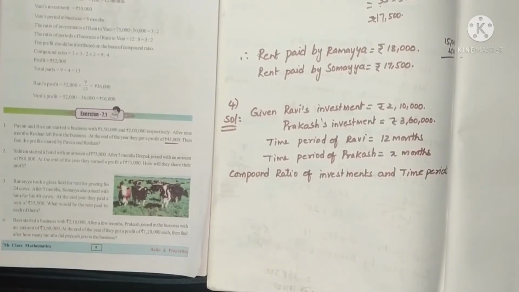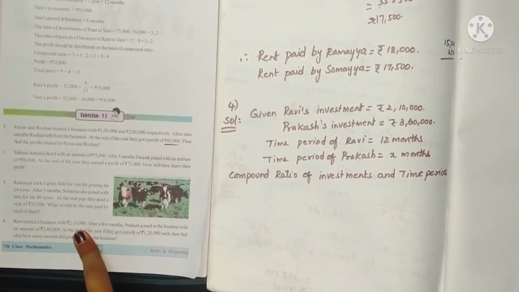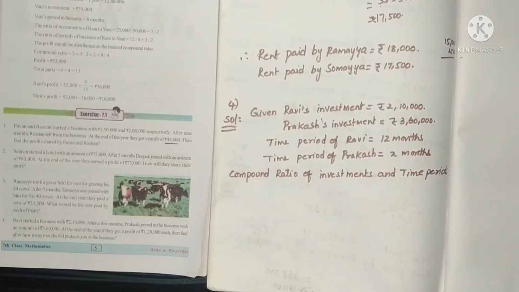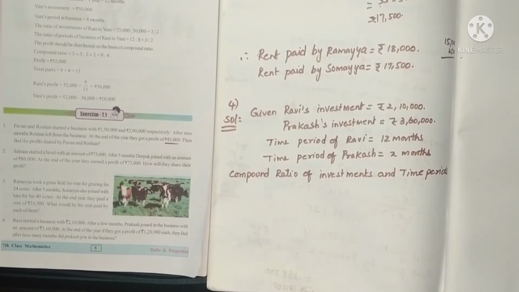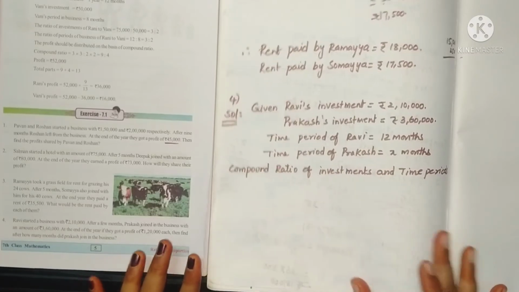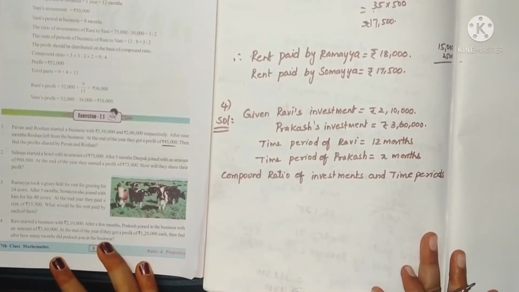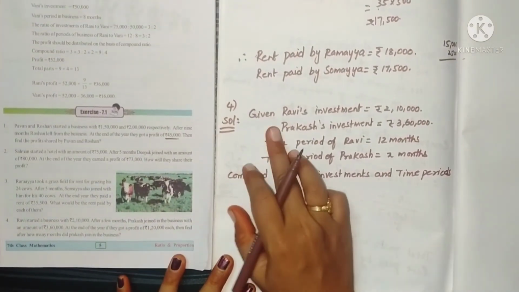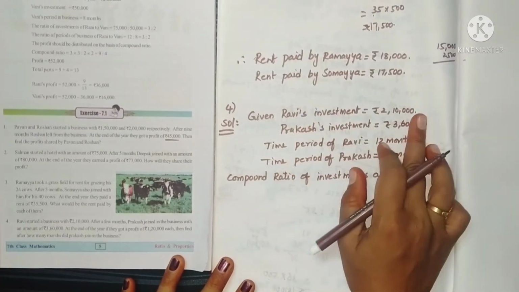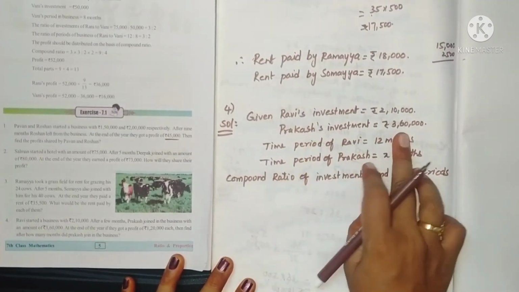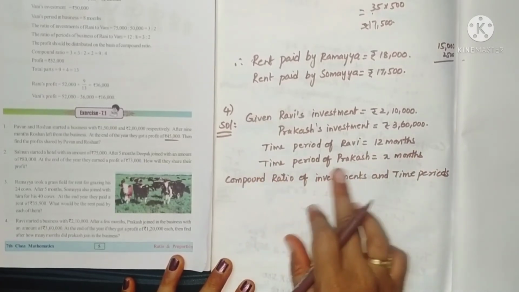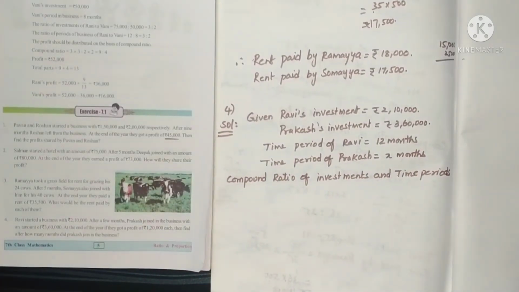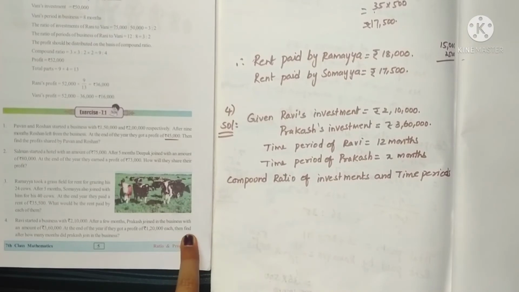So Ravi business ఎప్పుడు స్టార్ట్ చేశారు, ఎంత అమౌంట్తో స్టార్ట్ చేశారు. ఓకే. అండ్ కొన్ని నెలలు తర్వాత అంటే రవి 12 months కంప్లీట్గా ఒక ఇయర్ చేశారు. ఎట్ ద ఎండ్ ఆఫ్ ద ఇయర్ దే ఆర్ టెలింగ్ నా. సో ఫస్ట్ రైట్ Ravi's investment, Prakash investment, time period of Ravi 12 months, time period of Prakash X months. We don't know, no? We want to find out.